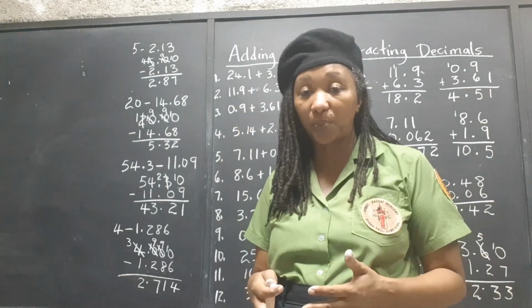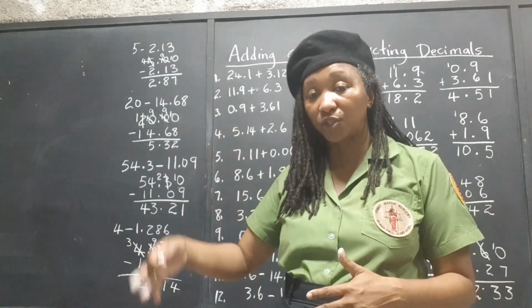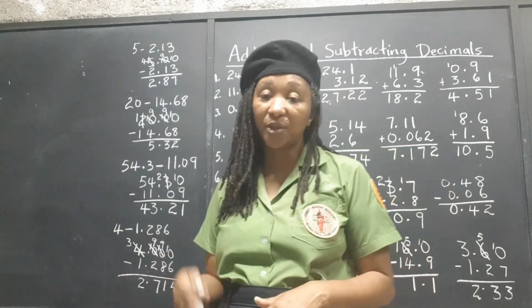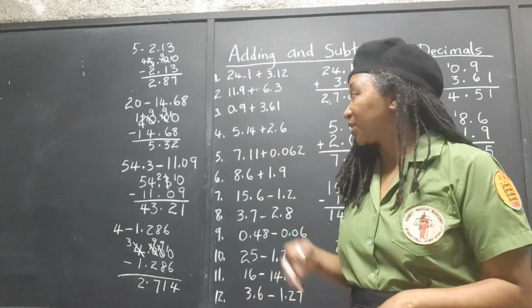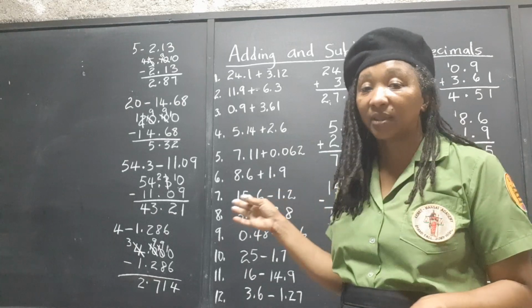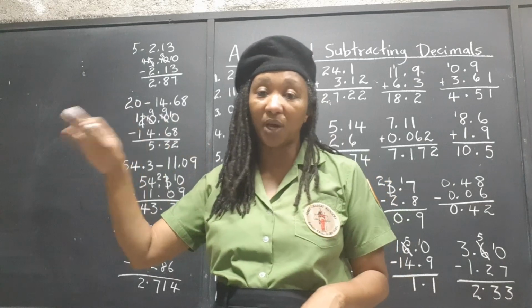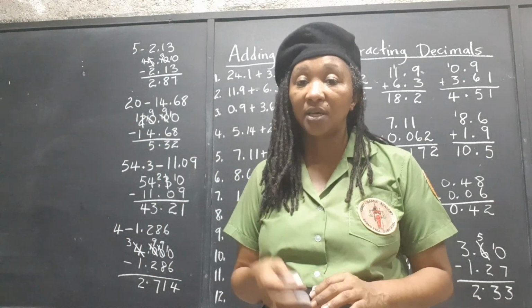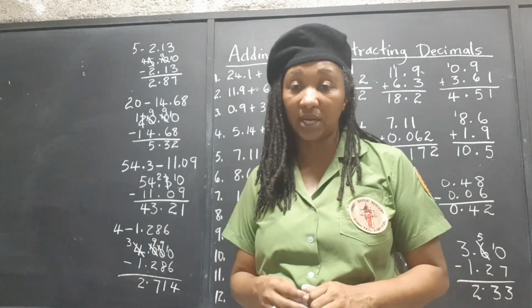Line up the decimal points so that the tenths, hundredths, thousandths will line up as well. And then you go ahead and add and subtract. If you're subtracting and you end up with digits down the bottom with nothing corresponding at the top, you have to fill in your placeholders, fill in your zeros, and then you go ahead and subtract.